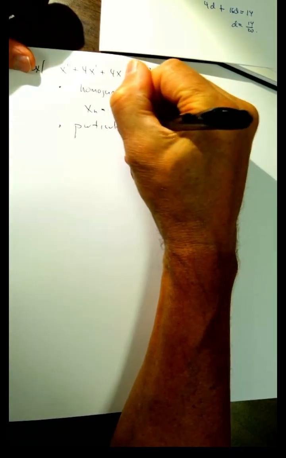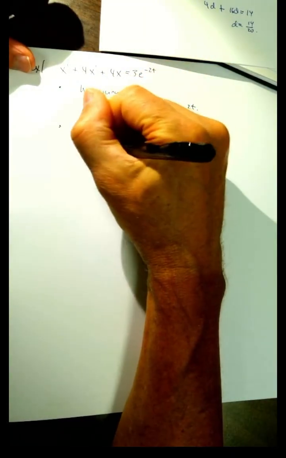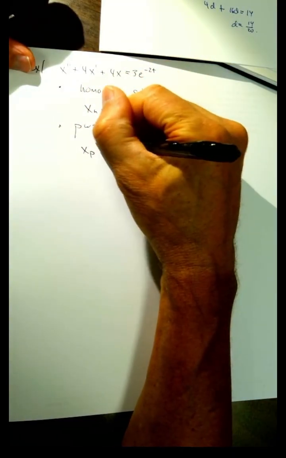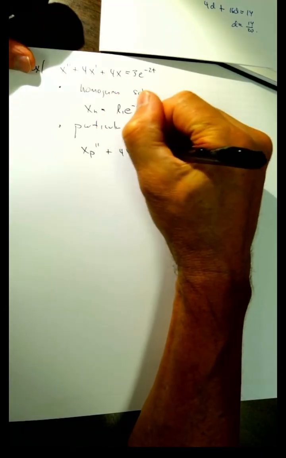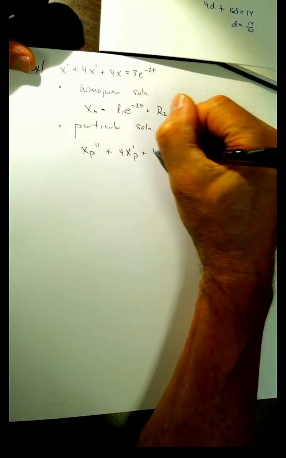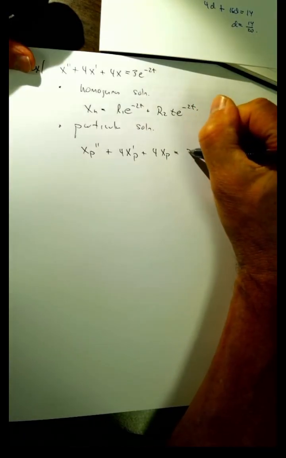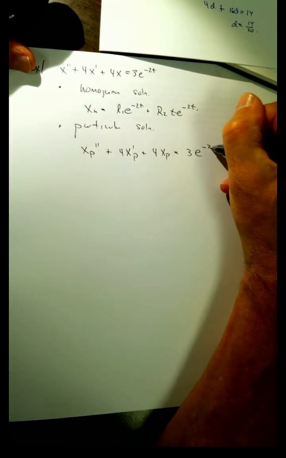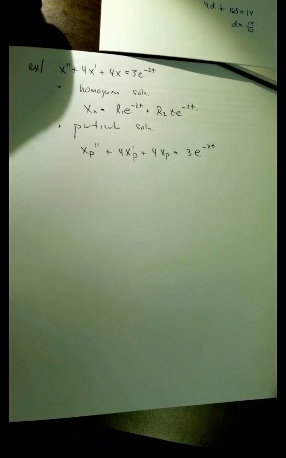And now I'm going to look at the particular solution. For the particular solution, the second derivative plus 4 times the first derivative plus 4 times the function should add up to 3e to the minus 2t.